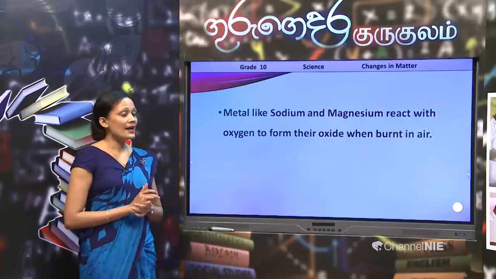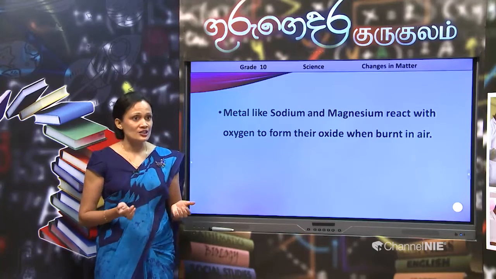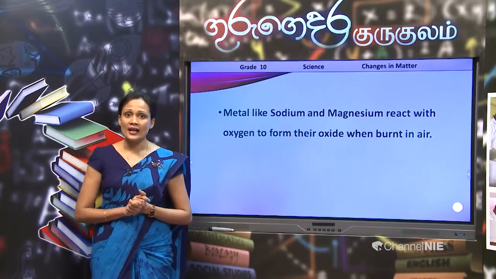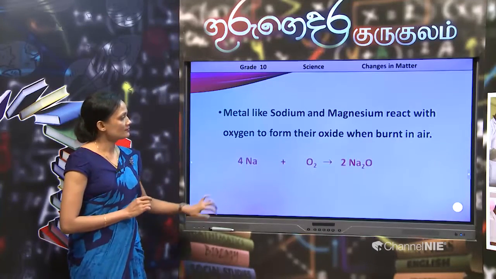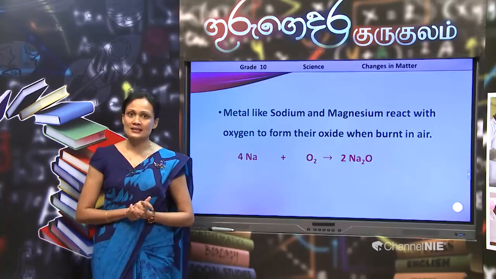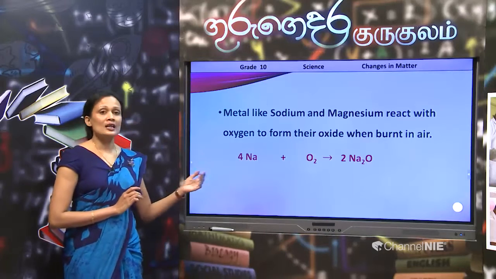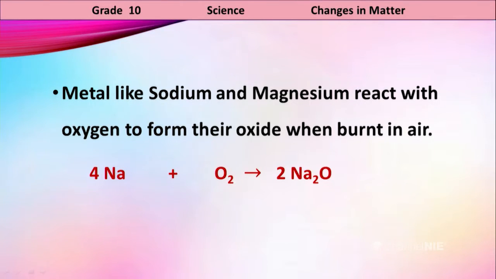It burns with a yellow colour flame. That means sodium reacts with oxygen present in the air and forms its oxide. We can represent it by this chemical equation. Sodium reacts with oxygen and forms sodium oxide.